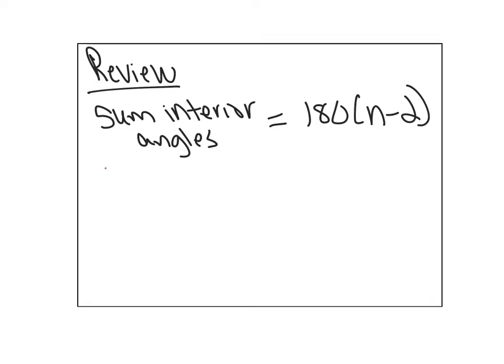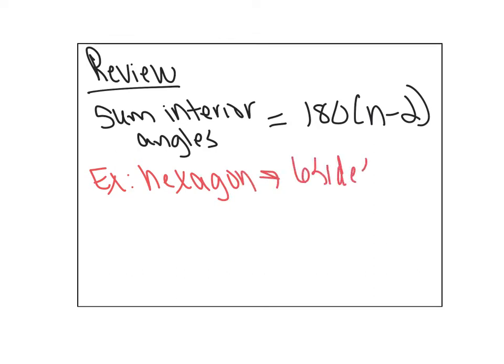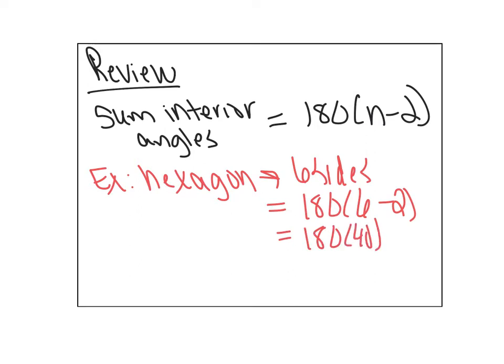So, for example, if I had a hexagon, I know a hexagon has 6 sides. So I could say that the interior angles of a hexagon would be 180 times 6 minus 2, which is 180 times 4, which equals 720 degrees.